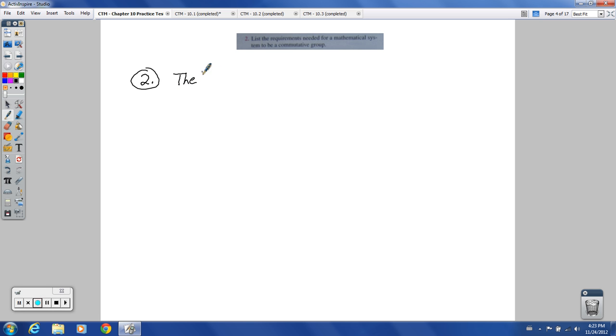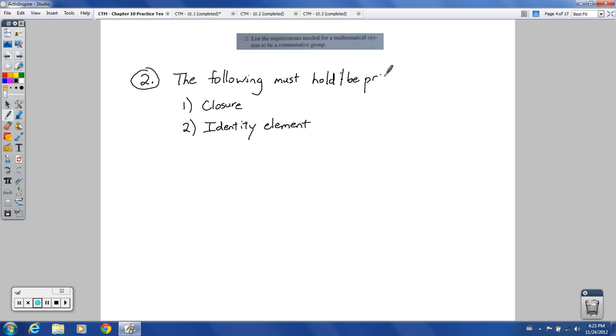The following, I think this is probably the best way to write it, the following must hold. You've got to have those 5 things. So it's got to have closure, it's got to have an identity element, it must hold or be present.